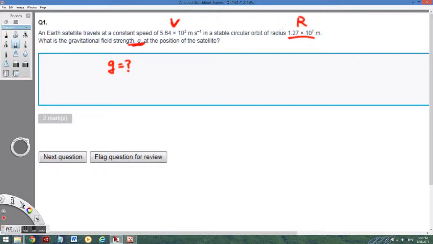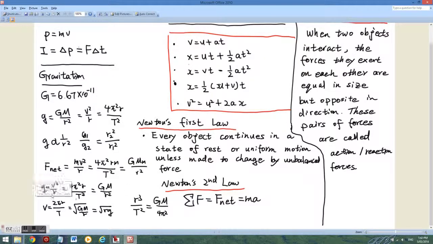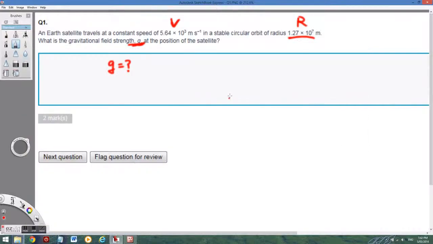You can look at your formula sheet. There's one there. g equals v squared over r.